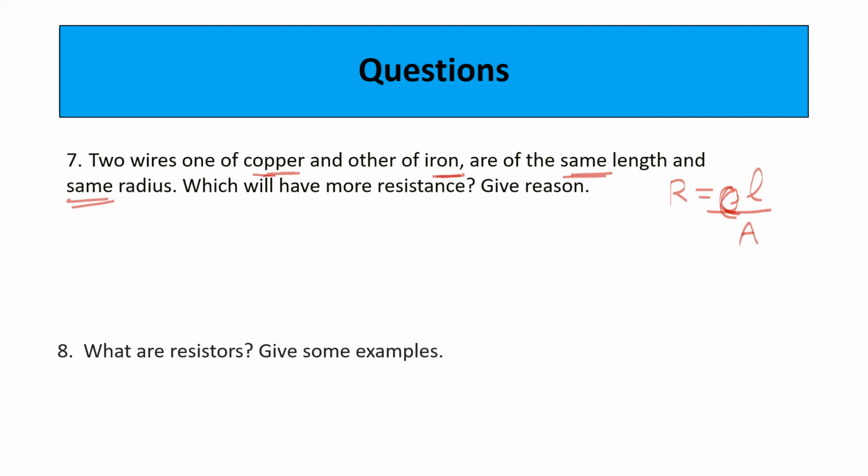Which is having more resistivity, iron or copper? The resistivity rho for iron is higher than that of copper. Therefore, if the resistivity rho is greater for iron, the resistance R will be more for the iron. Greater the resistivity, greater will be the resistance.